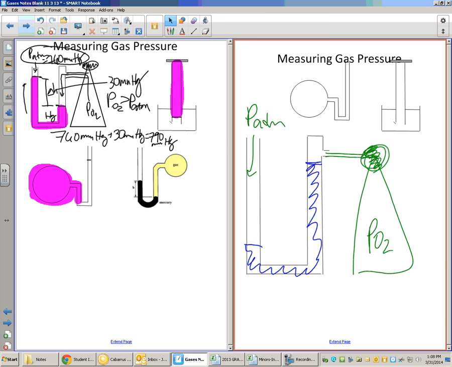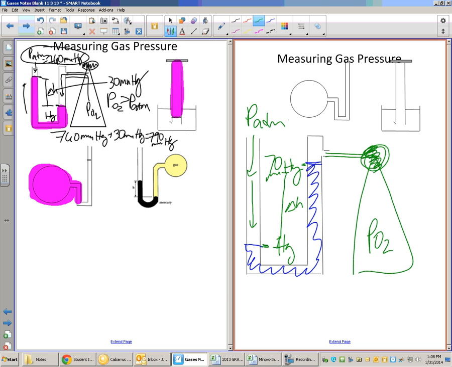So you can tell that the pressure of the atmosphere is pushing quite a bit. It's pushing so much that it made the mercury level rise way far on this side. So the difference from here to here is our delta H. That delta H we said was 70 millimeters of mercury.